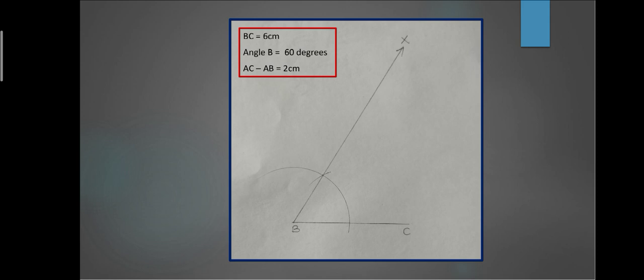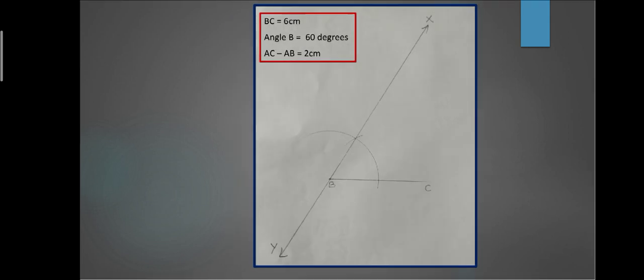Next we will make angle B of 60 degrees. So angle CBX is 60 degrees. Now we will extend XB downwards to get BY.